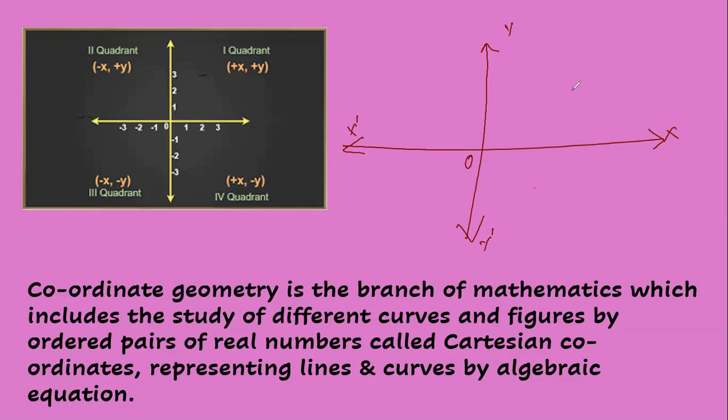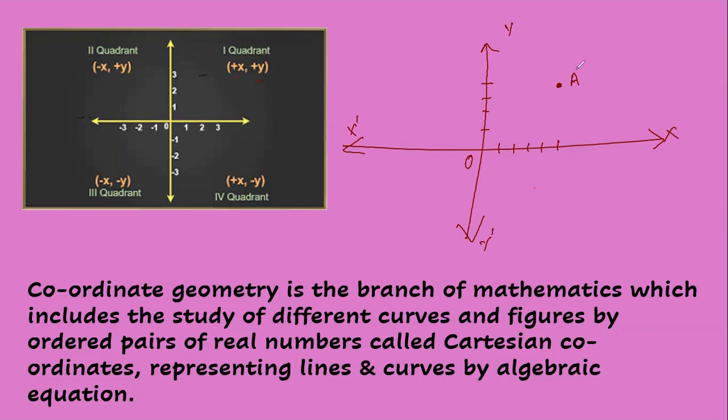Let's take a point in the first quadrant, say at 5 on the x-axis and 4 on the y-axis. If I look at this point, what are x and y actually?